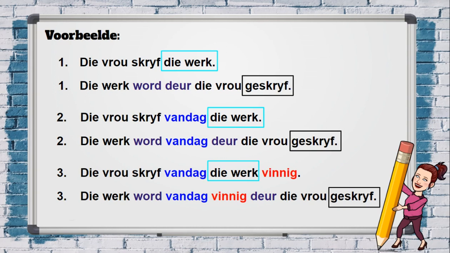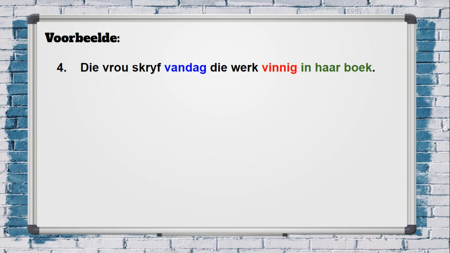Now let's add the last little bit. The place. Die vrou skryf vandag die werk vinnig in haar boek. So in her book, that's the place where she is writing it. Okay, so remember, we're finding the object, which is die werk. We are still using word and deur because it's present tense.